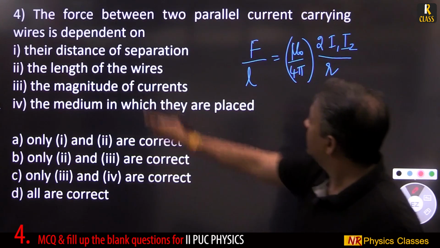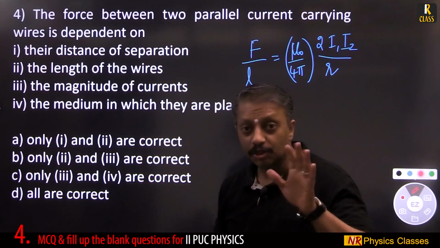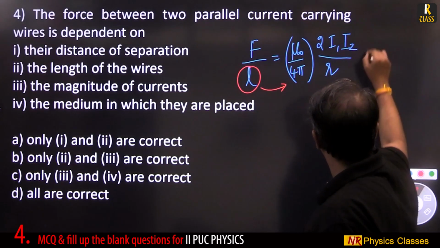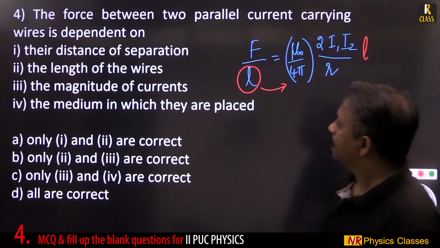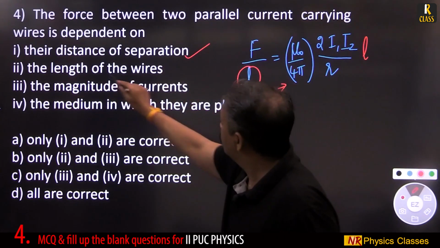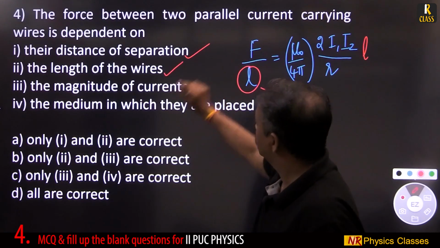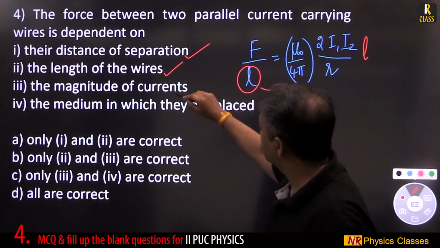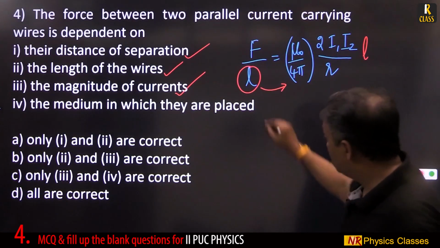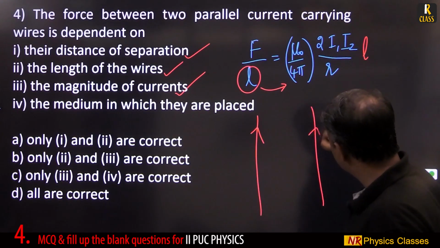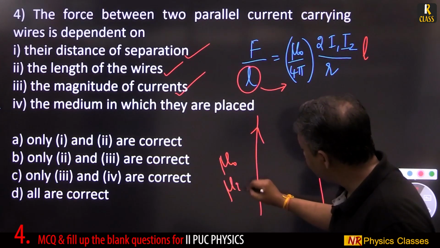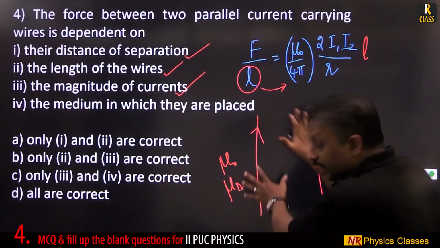Here it is not force per unit length, just force, means take length to the other side, length L. Their distance of separation, yes. Length of the wire, yes. Magnitude of currents, yes. Medium in which they are placed, mu naught. If two conductors are placed in some medium, then along with mu naught we have to consider mu r.